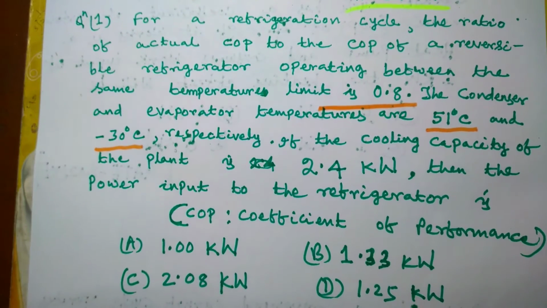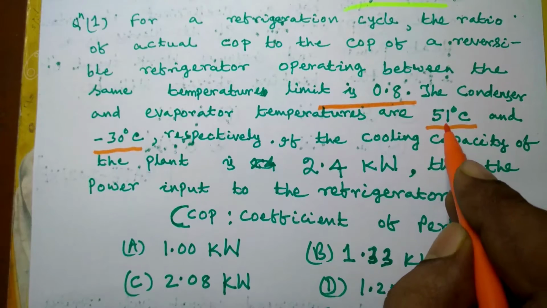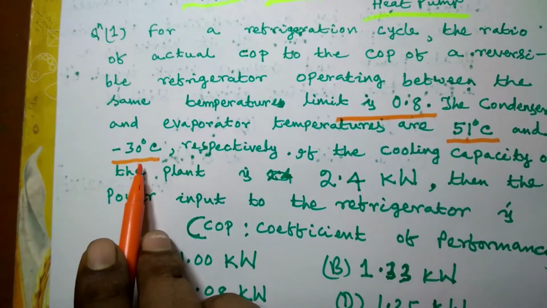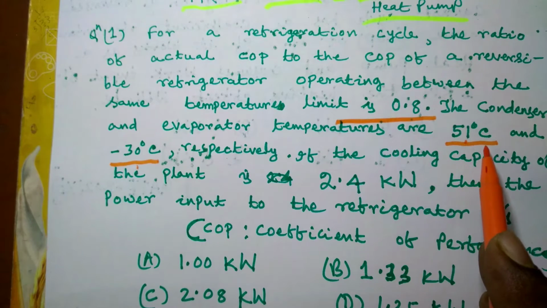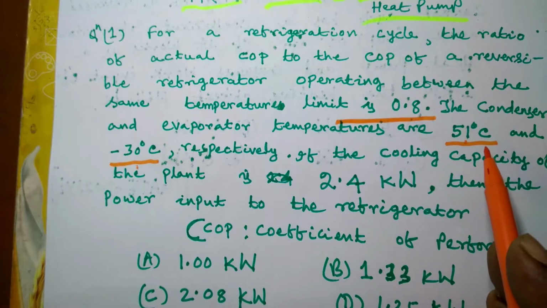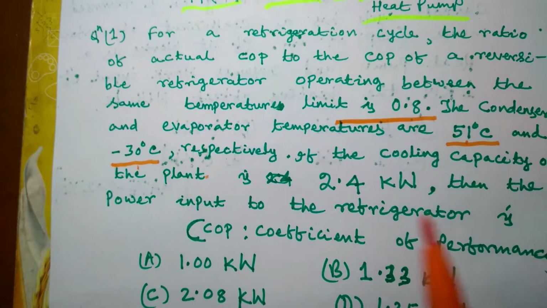You know, in a refrigerator, the condenser and evaporator temperatures are the TH and TL. This is the higher temperature and this is the lower temperature. So TH is 51 degrees Celsius, which you have to convert into Kelvin by adding 273, and TL is minus 30 degrees Celsius.